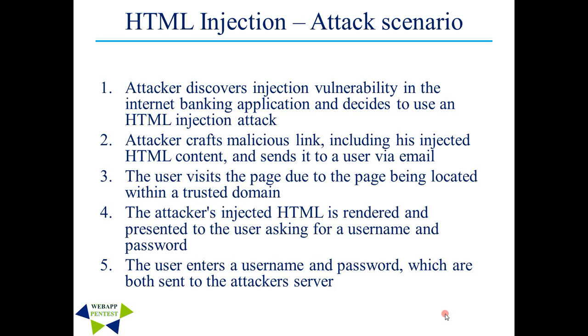The user visits this page due to the page being located within a trusted domain. The attacker's injected HTML is rendered and presented to the user, asking for a username and password. The user enters the username and password, which are both sent to the attacker's server.